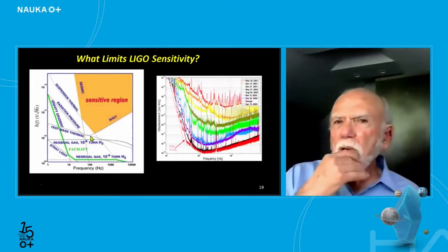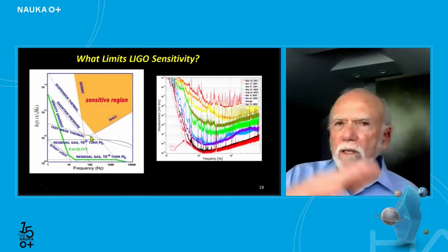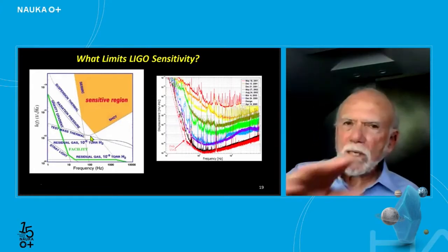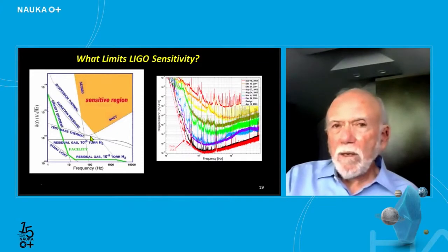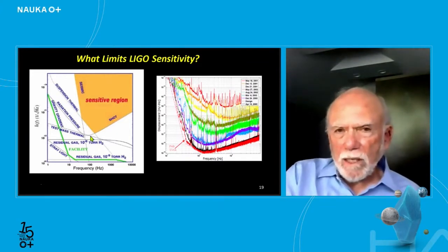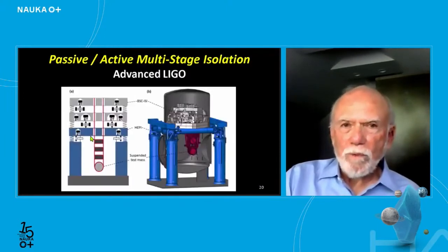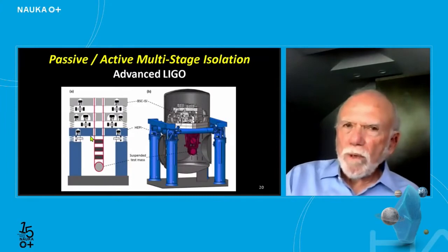This is then a picture of the actual sensitivity of the apparatus, starting from the top, getting better, curves in different colors, getting deeper and deeper as we made the apparatus better and better, finally getting to the design level that we aimed for. We had to make one very important improvement.